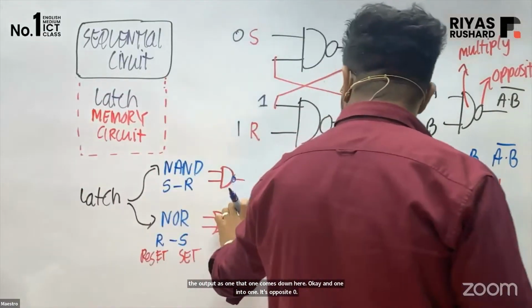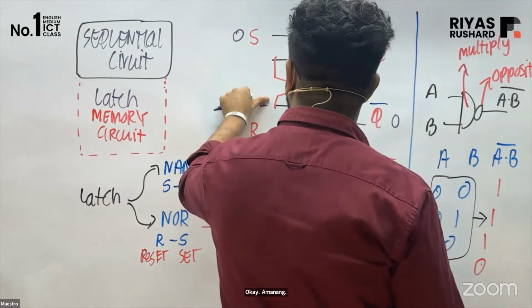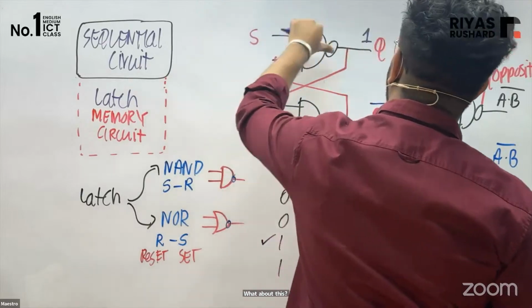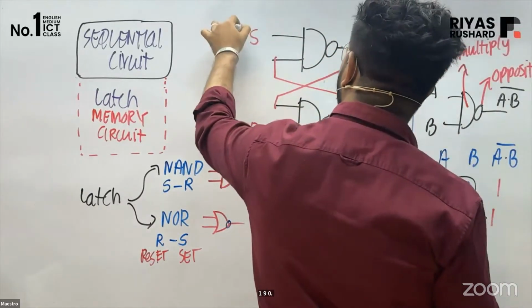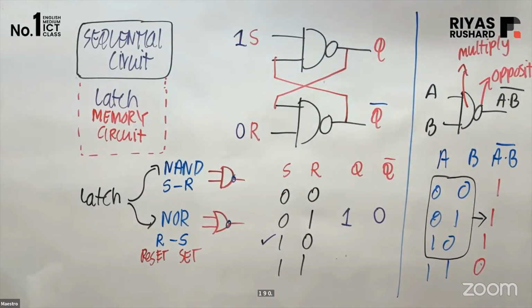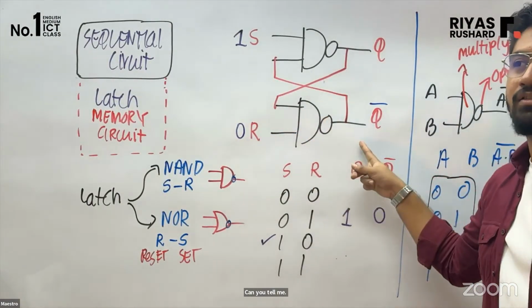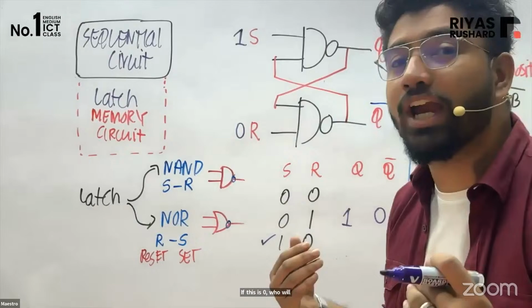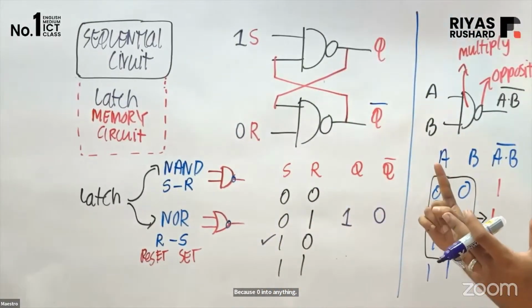Okay, what about this? 1 and 0. Can you tell me, if this is 0, who will become 1? Because 0 into anything would give you what? 1.